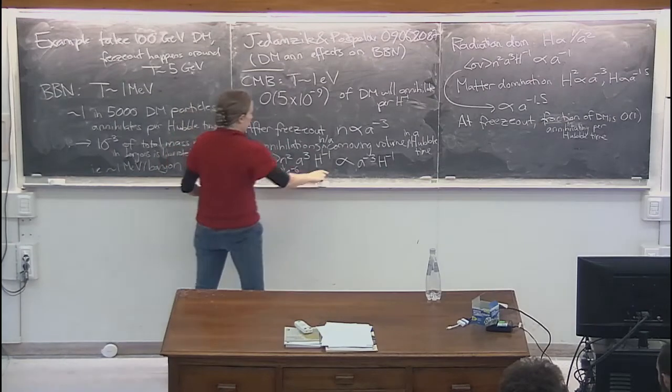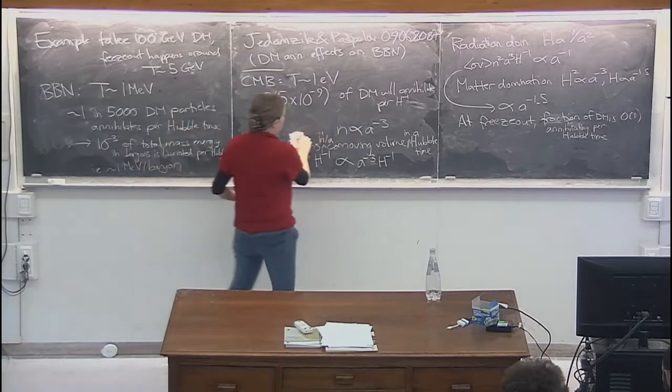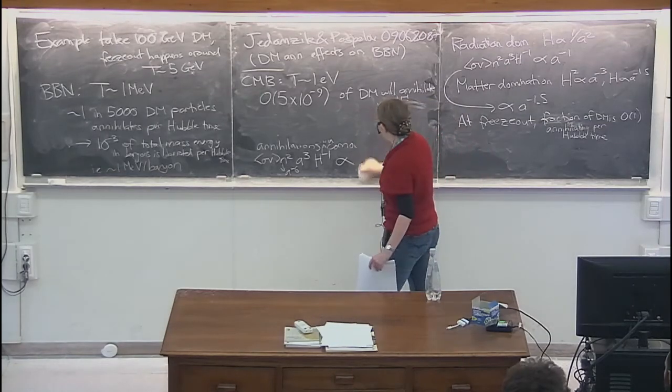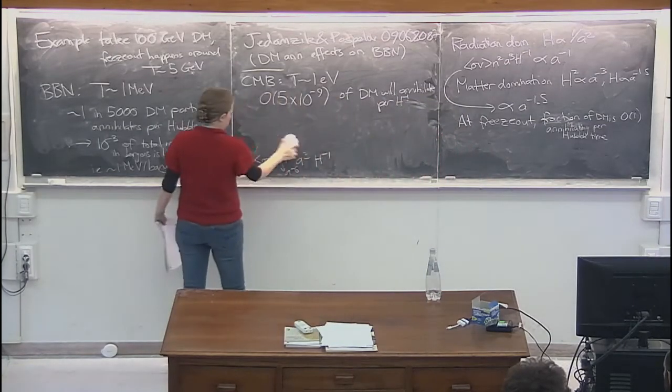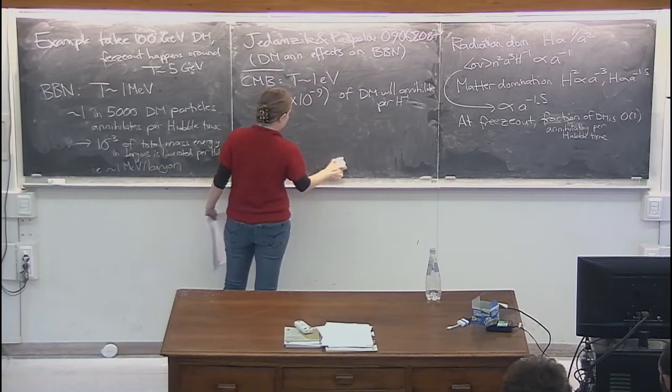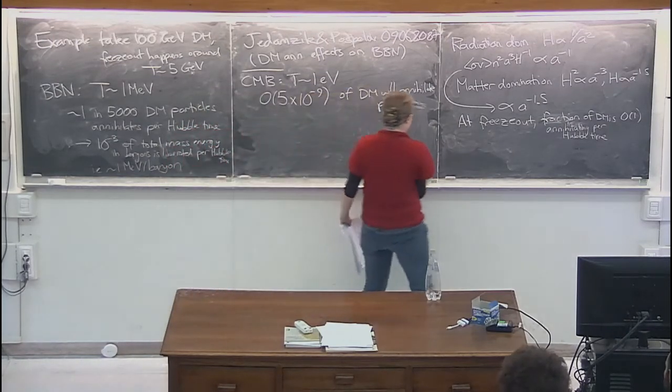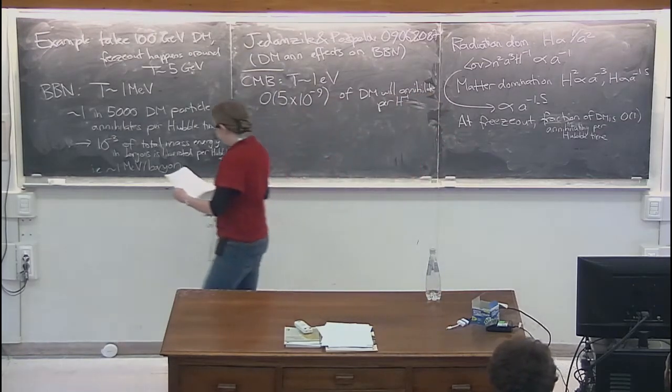Okay, so again, same argument. We know that there's 5 times as much mass density in dark matter as there is in baryons, so this corresponds to about 1 in a billion of the energy in baryons going away.